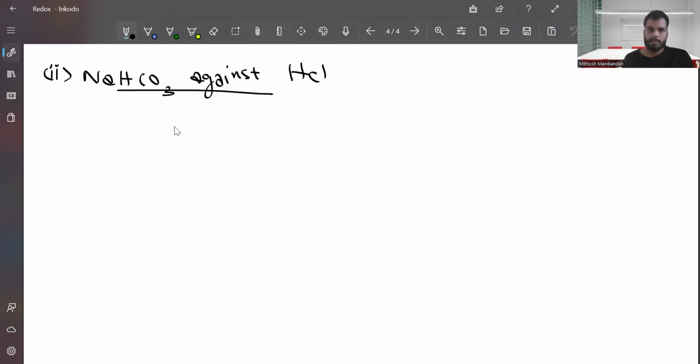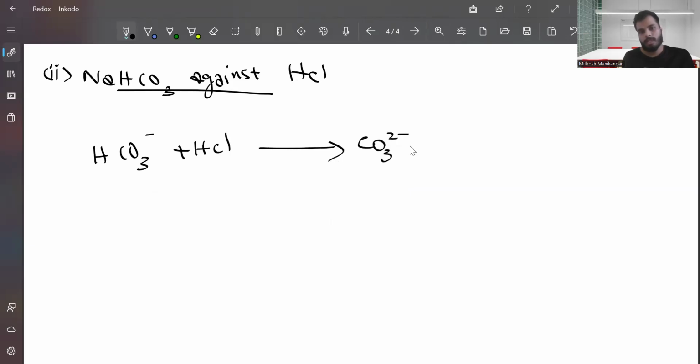HCO3 minus reacting with HCl will give you H2CO3 plus Cl minus. So NaCl, then H2CO3, right? We have a salt reacting with acid, so you get H2CO3 plus Cl minus.